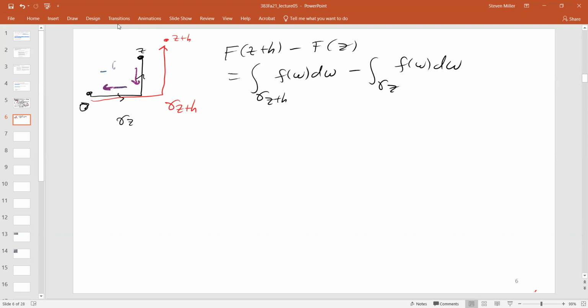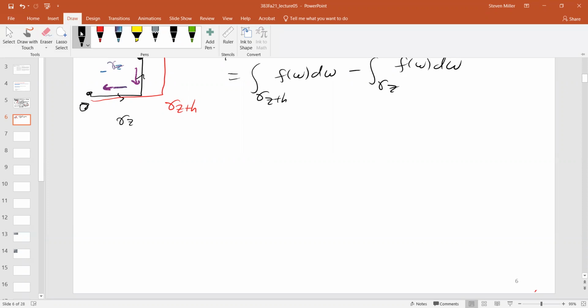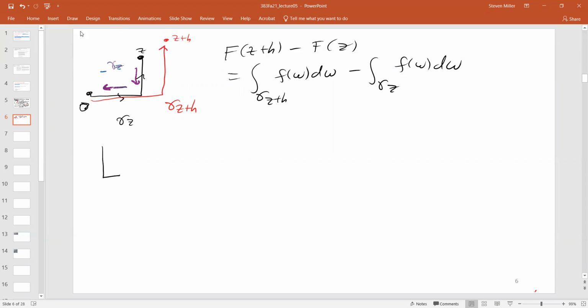This is my negative gamma of z because I'm going in the other direction. I'm subtracting it off. So do we agree that that initial segment in the beginning is going to be canceled out? And so what we're left with is something that looks like this.